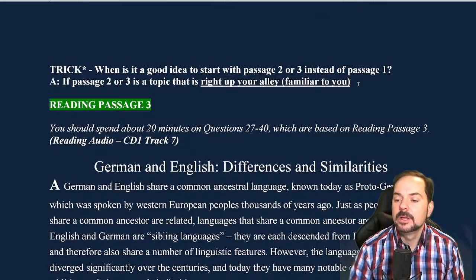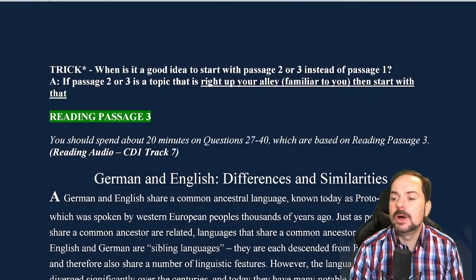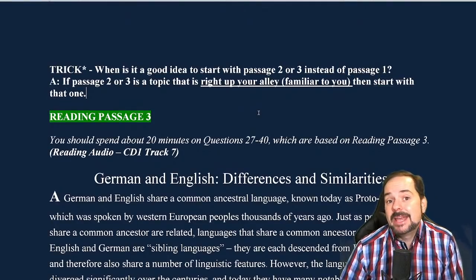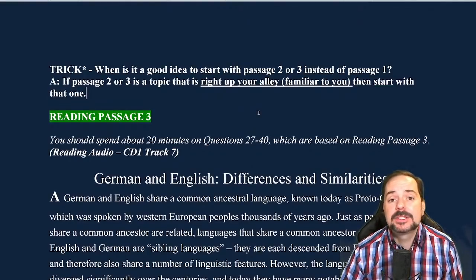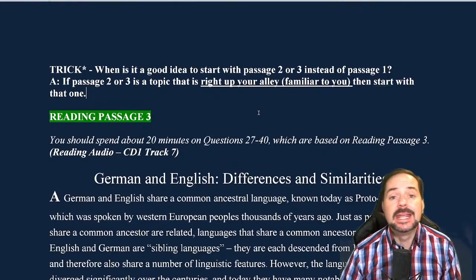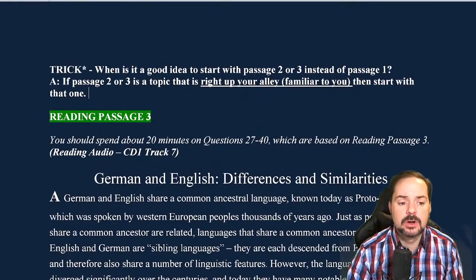Then start with that one, because you'll know the vocabulary. For instance, if it's your university major. If you have a passage about biology, about animals or plants, and your university major is biology, and you do a lot of reading in English about plants and animals, then yeah, start with that one, even if it's passage 2 or 3.